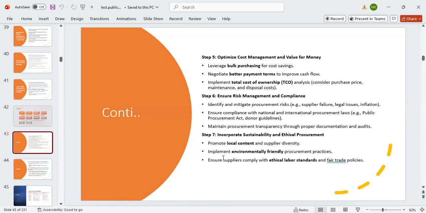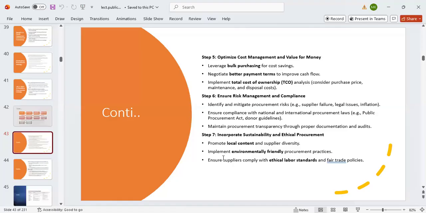Ensure compliance with national and international procurement laws, with reference to the Public Procurement Act. If it is a donor-funded project, you adhere to the guidelines that are provided so that you are able to create value once you comply with the necessary regulations in the Act.